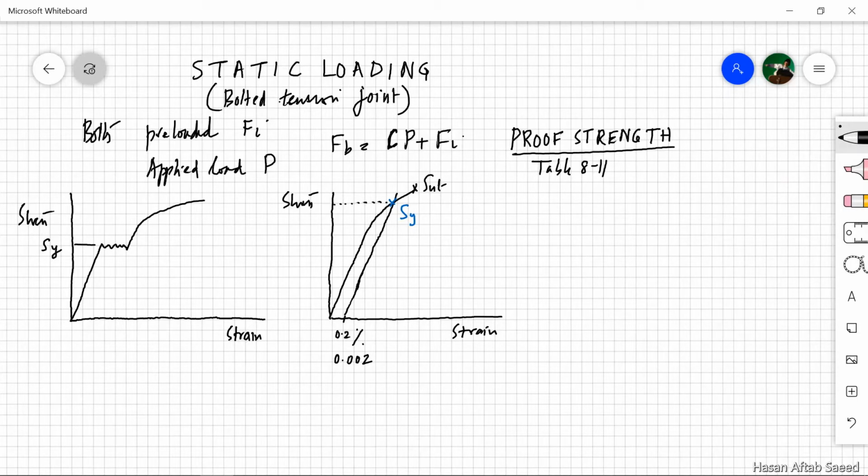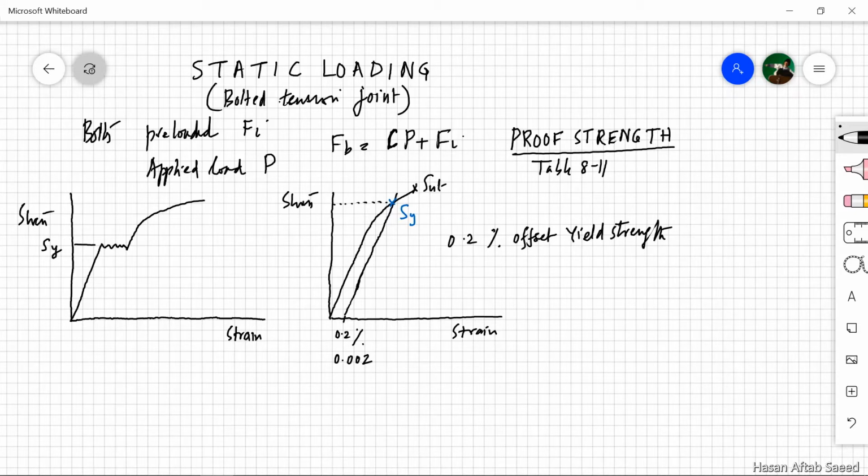Now, this is not proof strength, this is called the 0.2% offset yield strength. It's a very useful concept for those materials that don't exhibit a precise yield point.